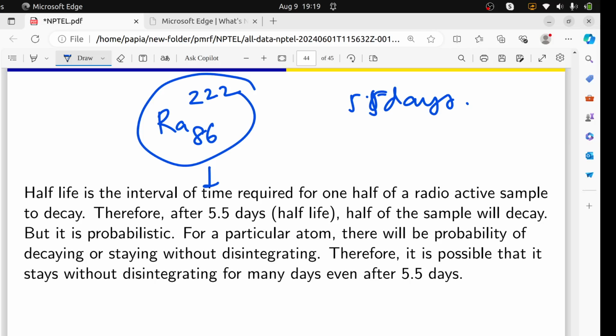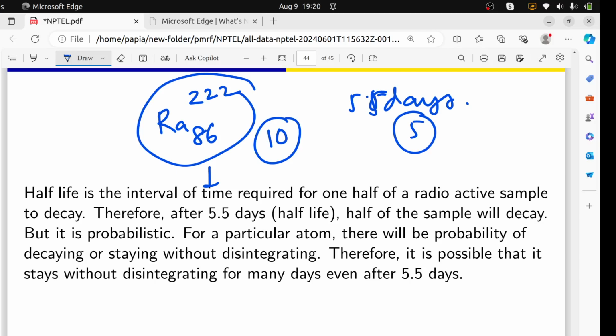At t equals 0, whatever was there, at t equals 5.5 days it will be half of N0. This is the definition for half-life and mean life as well. Let's say previously it was 10 particles. After 5.5 days, it will be 5. But obviously the quantum mechanical process by which a radioactive element decays is probabilistic. Probabilistic means either it will decay or it will not decay.